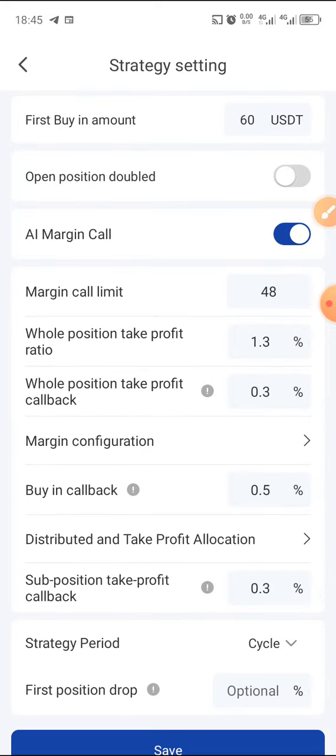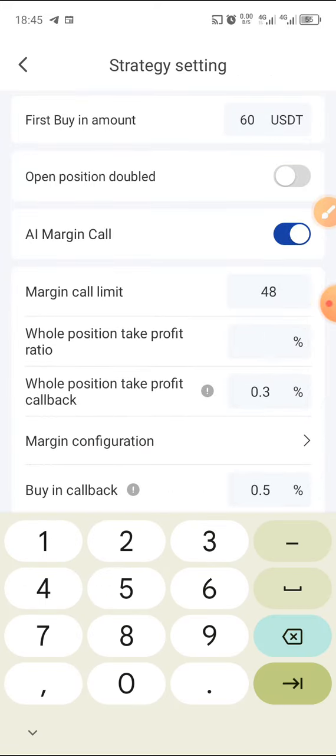The take profit ratio will be our 3%. We can leave it as it is according to our previous strategies or the strategies you have already set. It may be 2%, 2.5 or 3%, but not exceeding 3%.